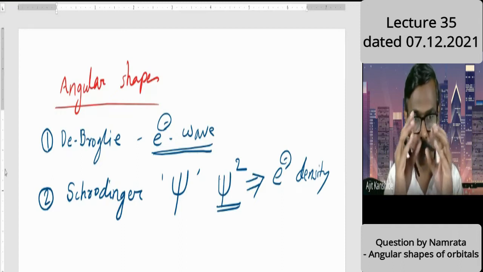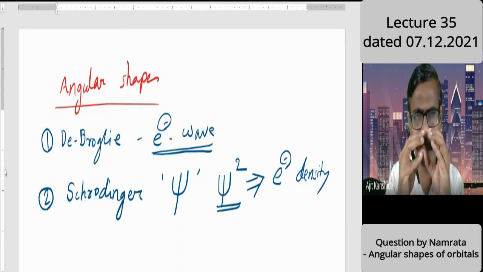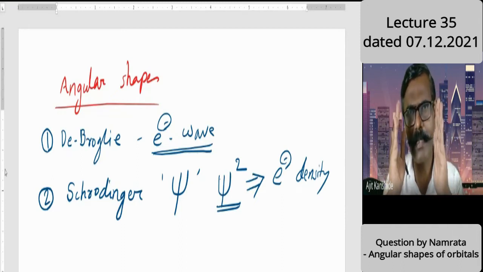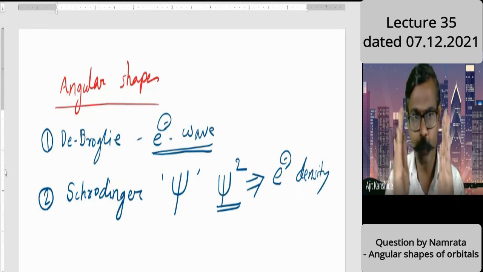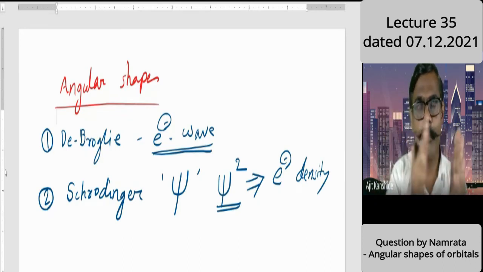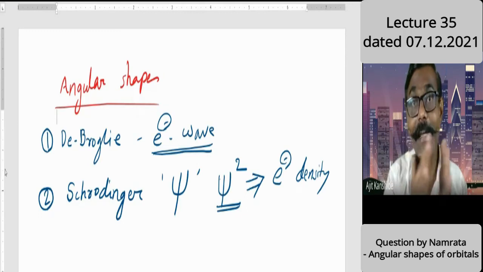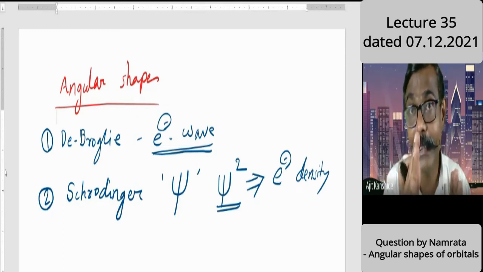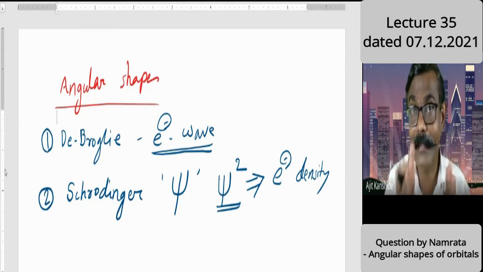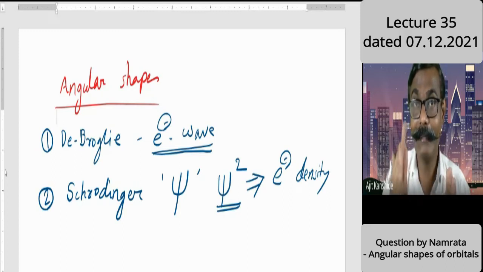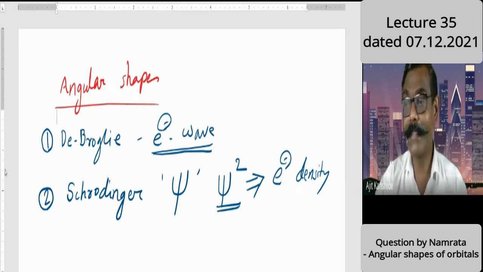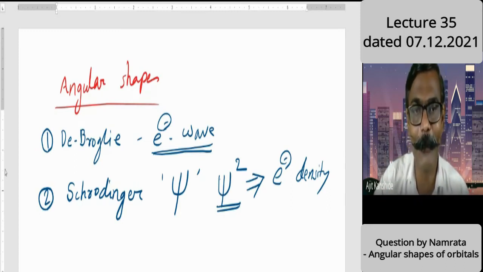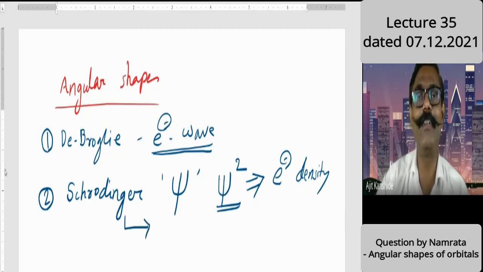Within that region, electron density goes from more to less, ultimately to zero. Within that, we are able to find the electron, and that electron remains in an orbital, and that orbital is described properly by Schrodinger.